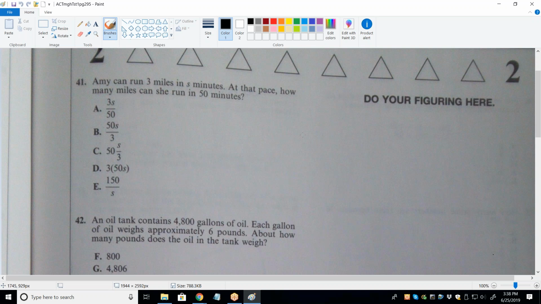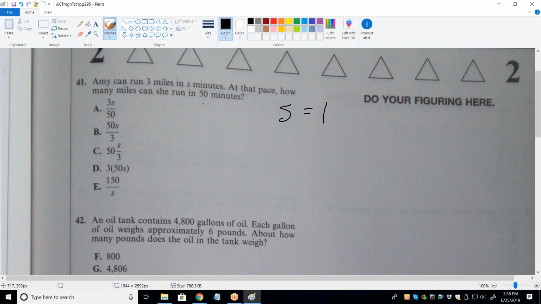What would be a good s to pick? Is that something that's going to divide easily into 150, or would it be 1? Well, 1 is one way to go. Because if you let s equal 1, she can run 3 miles in 1 minute.